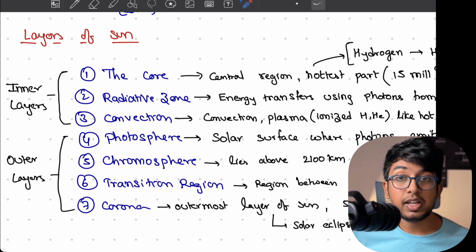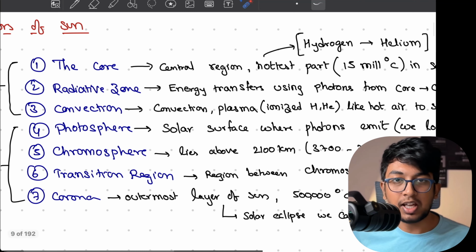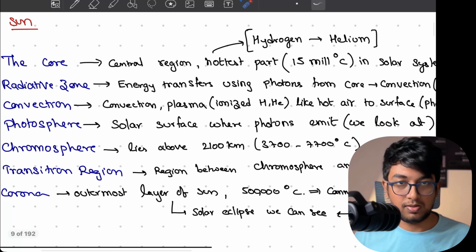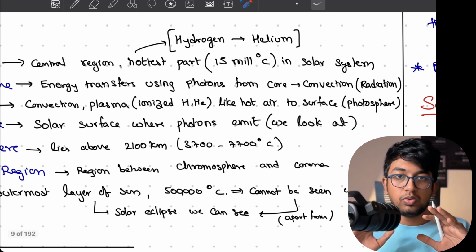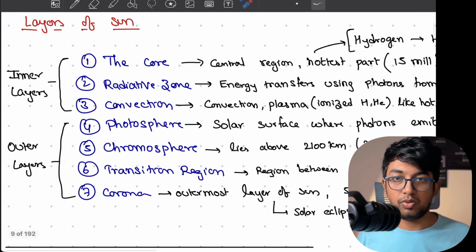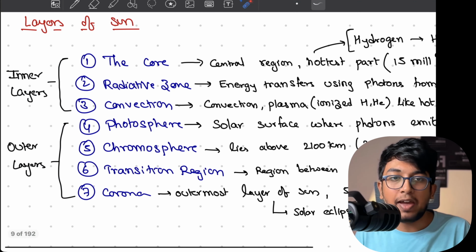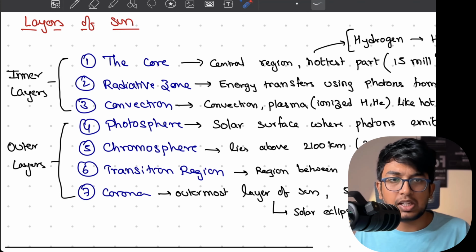Then now there is a radiative zone, which is a transition zone, as I told you. Basically, energy transfers using photons from the core to the outer layers. That is called the radiation zone, radiative zone. If you have the sun's internal photo or something, just put it aside and then watch this particular section in the video.